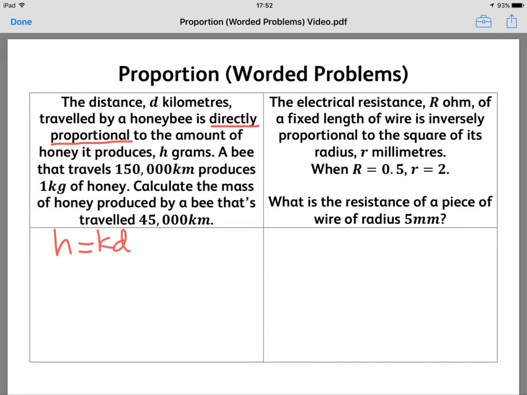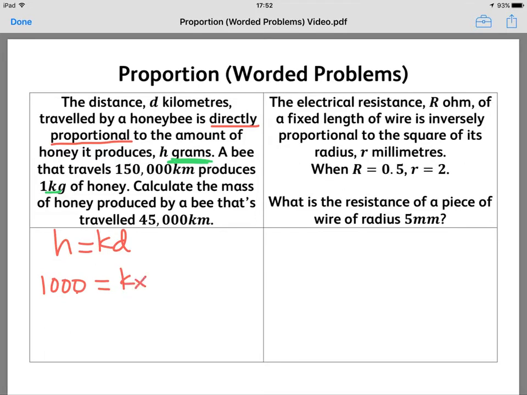It says that a bee that travels 150,000 kilometres produces 1 kilogram of honey. Now, we've got to be quite careful here because this is in grams and this is in kilograms. So, we've got to be dead careful here. So, what I'm going to do is I'm going to call a kilogram of honey 1,000 grams.